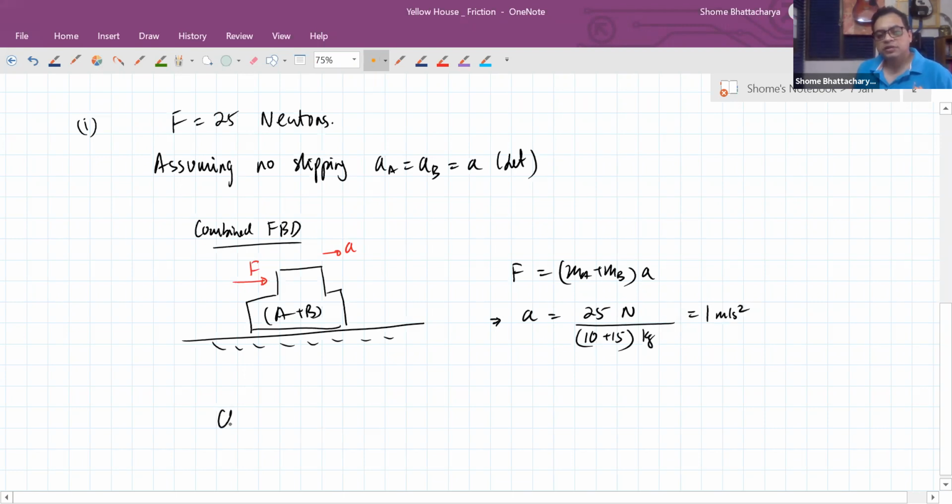Now we want to check friction in this case. For that, you make the individual free body diagrams, and you understand that there should be static friction here because there's no slipping between A and B. So the type of friction here should be static.